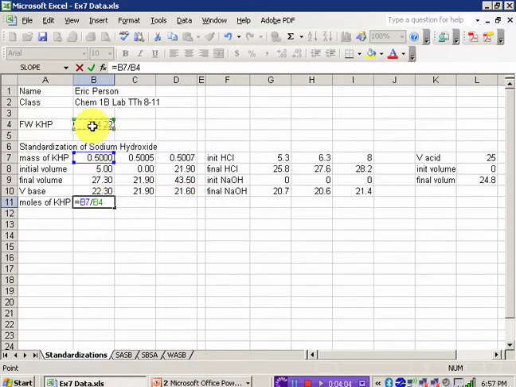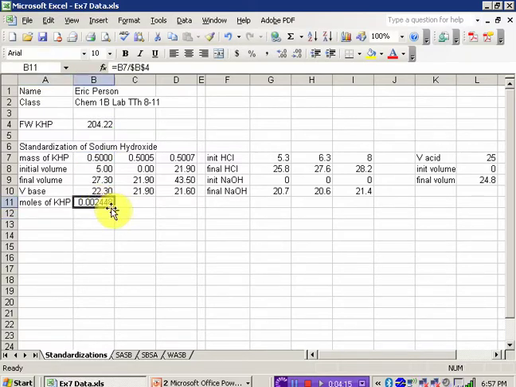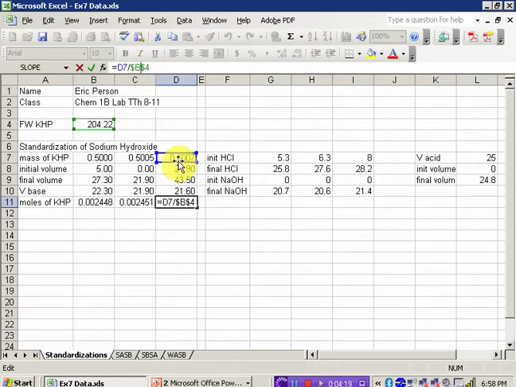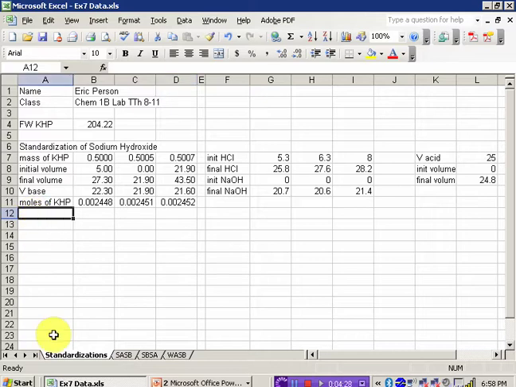As I copy this across, I want to keep this cell reference fixed, so it's an absolute cell reference. If I hit the F4 key, it toggles those dollar signs in, and that's what determines the absolute cell reference. Now if I copy this across and look at where the equation goes, this blue cell here moved across, D7, but the one I put the dollar signs in stayed fixed, and that's what I wanted.